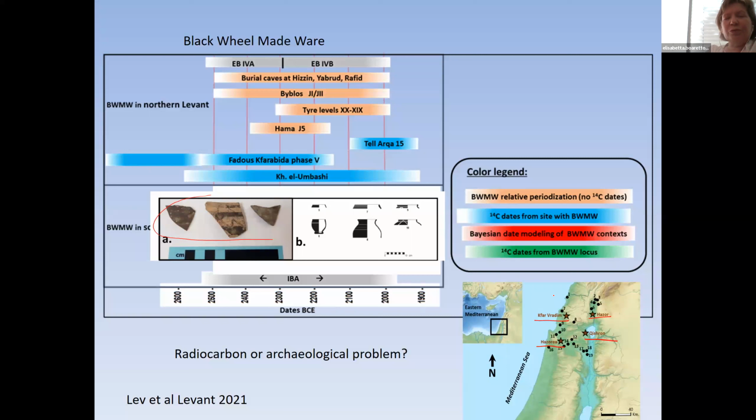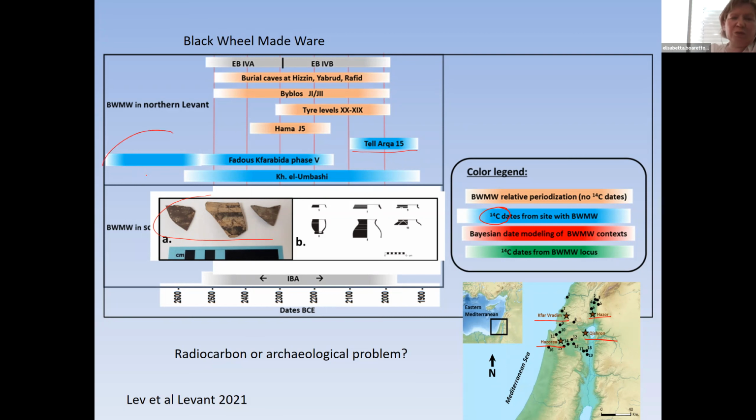In comparison with the northern Levant, where only 3 sites had absolute C14 dates for these potteries, Vaduz, Khirbet el-Umbashi, and Tel Arka, we have that the C14 has a very wide range for this pottery.